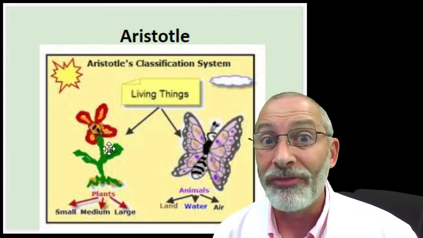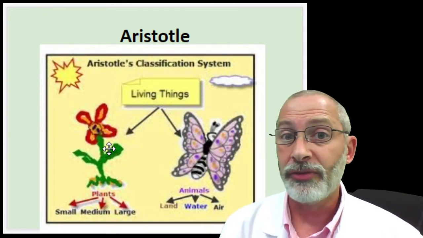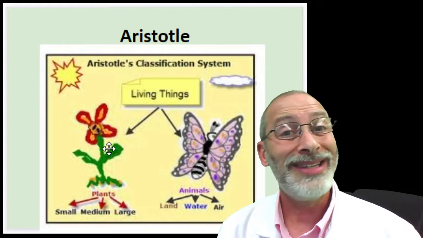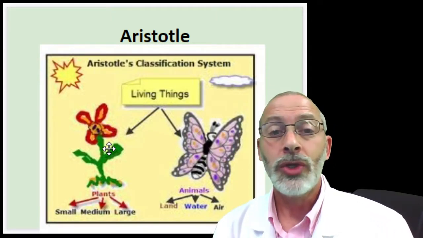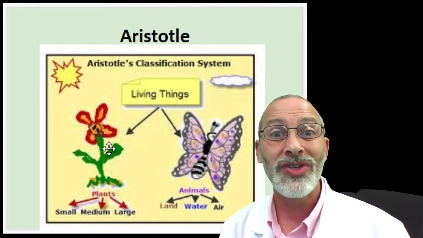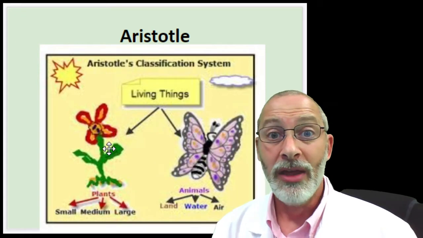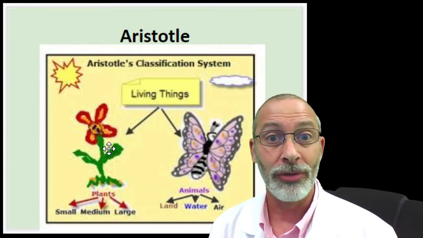Well, a different category. Aristotle did not benefit from having certain technology at his disposal, like microscopes. So Aristotle couldn't see the whole world of microscopic living things like Van Leeuwenhoek did with his improvements of the microscope.